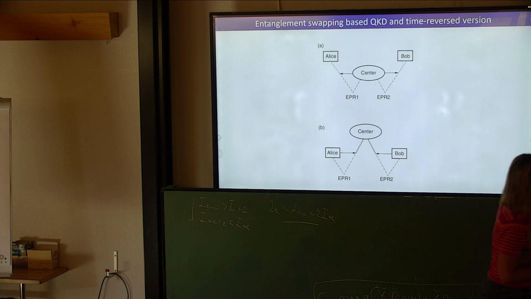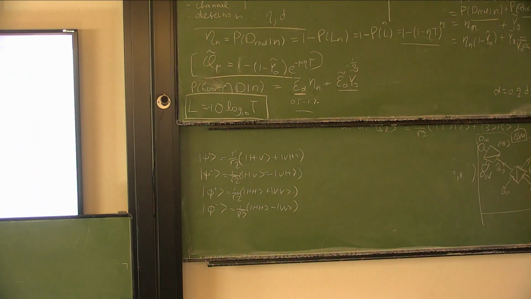Okay, so we want the Bell state measurement that you see here to be a projective measurement of these states. What does this mean? You want to see what happens when each one of these states enters this device, because any two-photon state can be written in the Bell basis, a superposition of these. They form a basis of these Bell states.